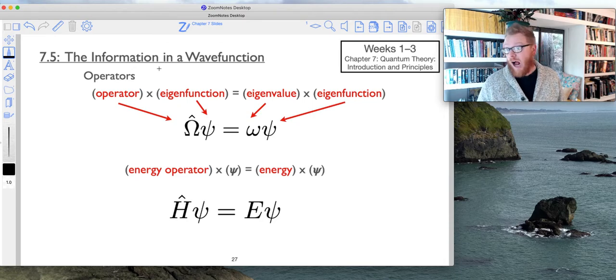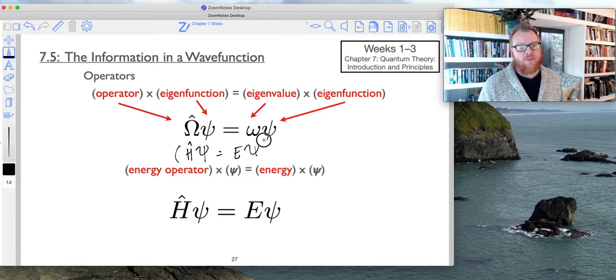So, operators. We've been talking about operators. Let's talk about operators some more. I'll remind you, this is the general form of our Schrodinger equation: H psi equals E psi. Here is a general form of an eigenvalue equation.